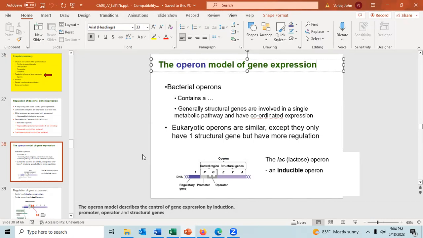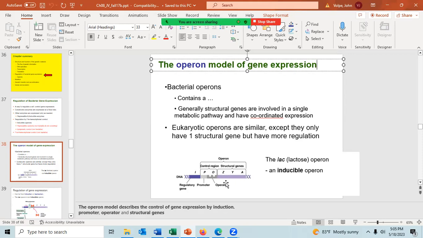And then the operon control has the controlling regions around that structural gene, such as the P and the O. The P stands for a promoter. We've actually already talked about that. And the O stands for the operator. We will talk about that. It's not shown on here, but the terminator, which will follow the structural genes, is a part of the operon.